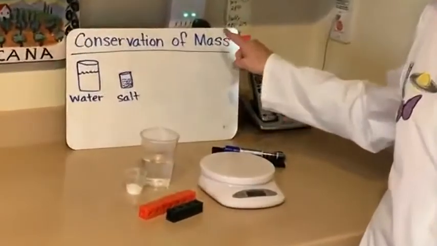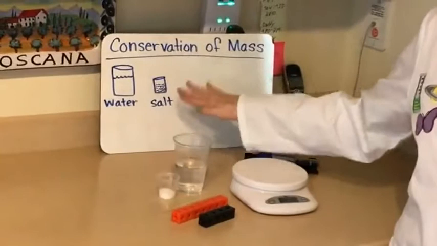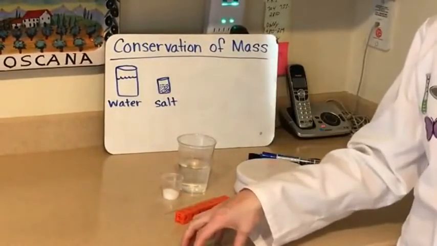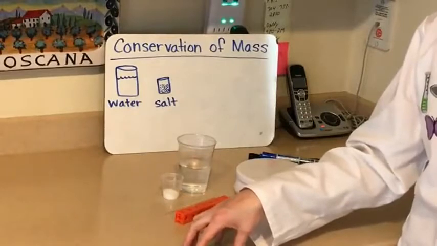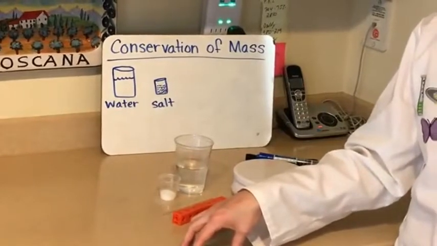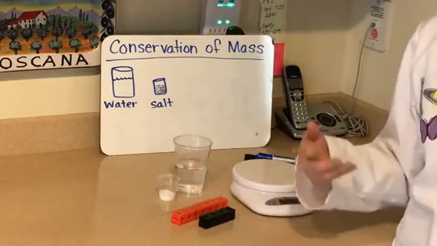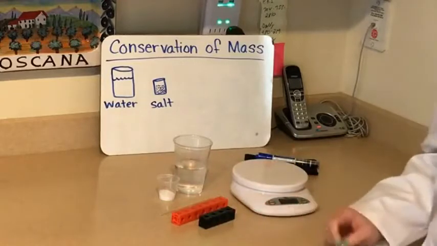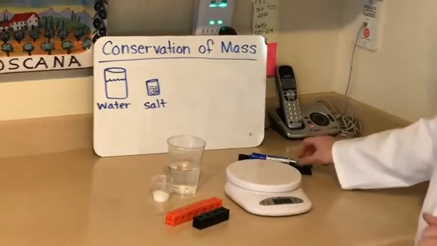We are trying to see if the weight or the mass of different types of matter is still saved even when we can't see it anymore or when we put things together or take them apart. All right? So here's what we're going to do to demonstrate this first.